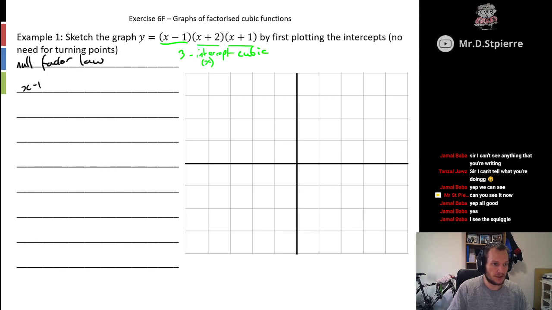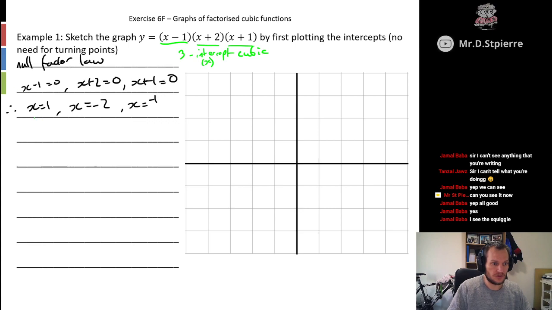So we get x minus 1 equals 0, or x plus 2 equals 0, or x plus 1 equals 0. I just want to make sure that's still appearing. Yes, it is. So from that we get x equals 1, or x equals negative 2, or x equals negative 1.